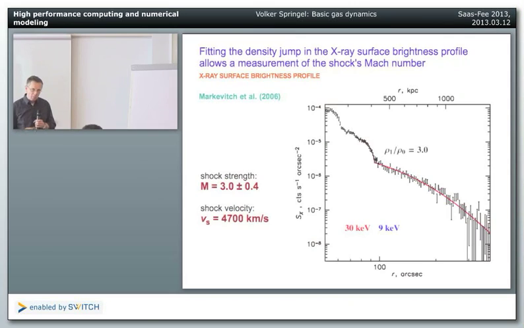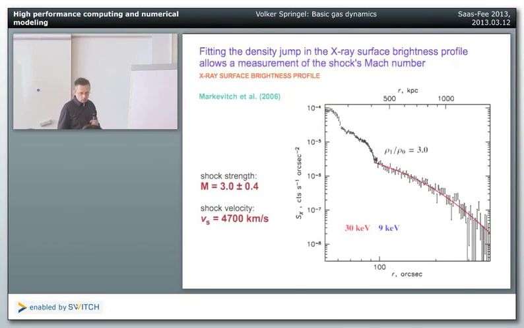Now the Mach number tells you the ratio to the sound speed in the pre-shock gas. This is at a temperature of 9 keV, so you know the sound speed there. Multiplying that sound speed by the Mach number 3 gives you the speed with which this shock propagates into the cluster.